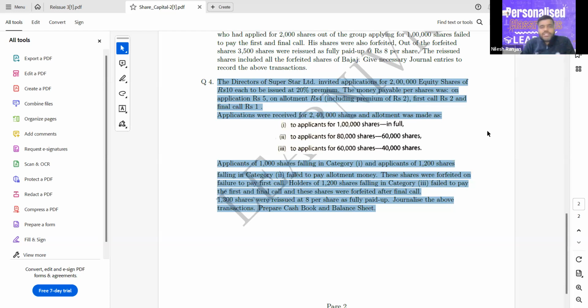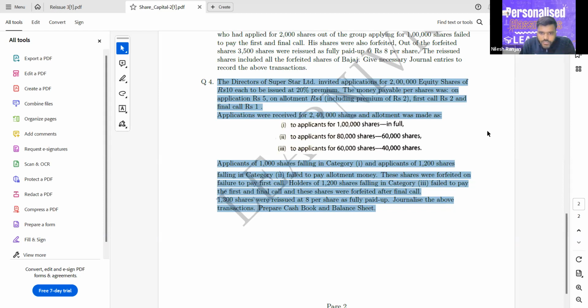On allotment, the total amount is 4, in which the premium is 2, so the balance for allotment is rupees 2. First call is 2 and the final call is 1. Applications were received for 2,40,000 shares and allotment was made: to applicants for 1 lakh shares in full, to applicants for 80,000 shares, 60,000 shares, to applicants for 60,000 shares, 40,000 shares.